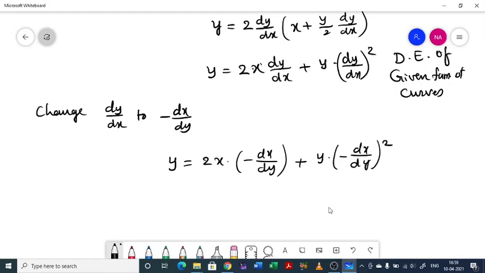So it is again y equal to minus 2x dx by dy plus y into dx by dy whole square.